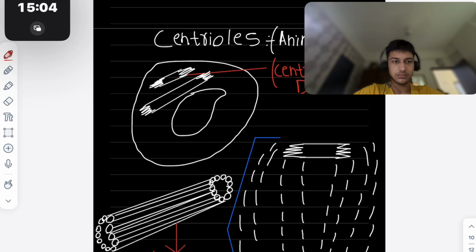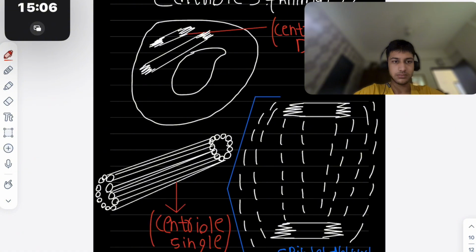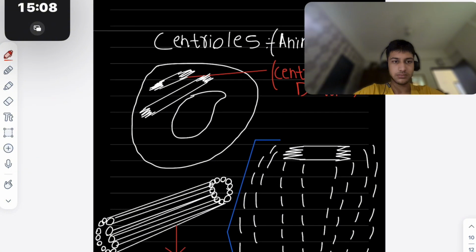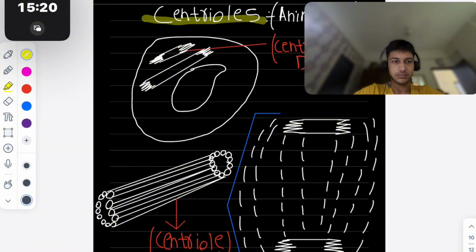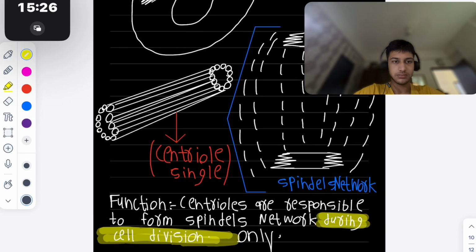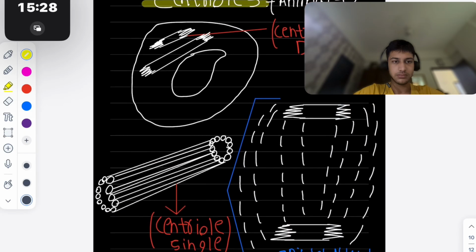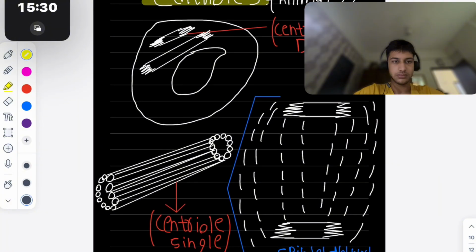Now we have a new structure, which is centrioles. Centrioles are present in animals. We do not have to study it in detail; it is just a small introduction to what centrioles are.